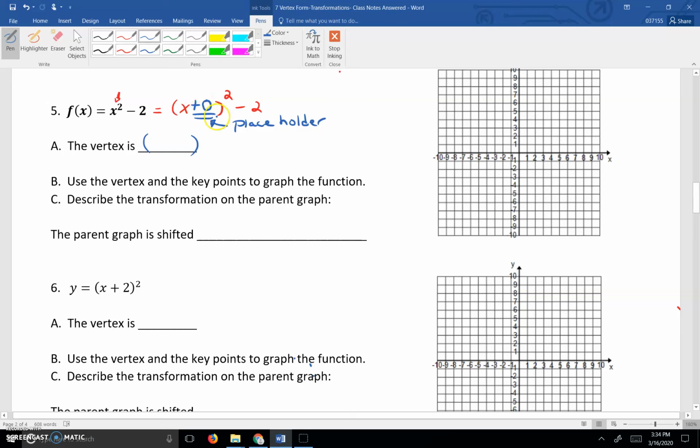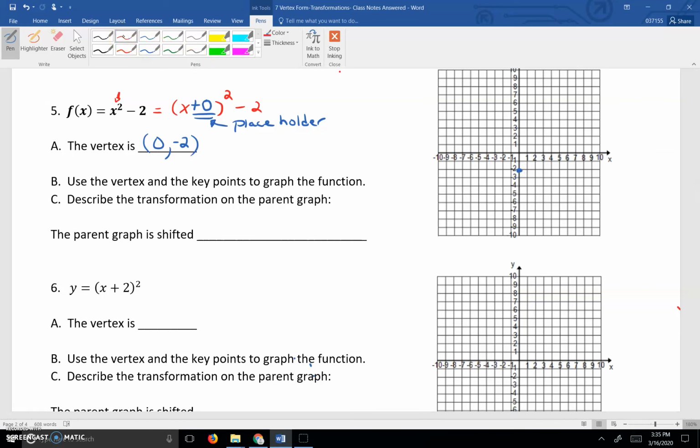Positive 0 would become negative 0, but since 0 is neither positive nor negative, I can just leave it 0. Keep the sign of what's outside, negative 2. So my new vertex is the point 0, negative 2. I put that at the wrong spot here, down here, 0, negative 2.